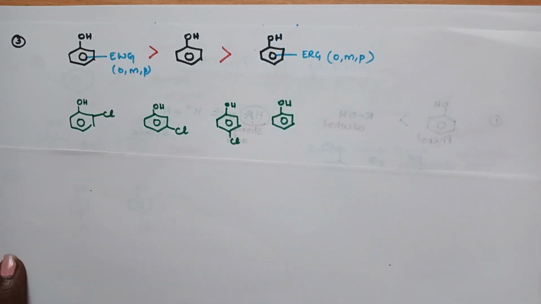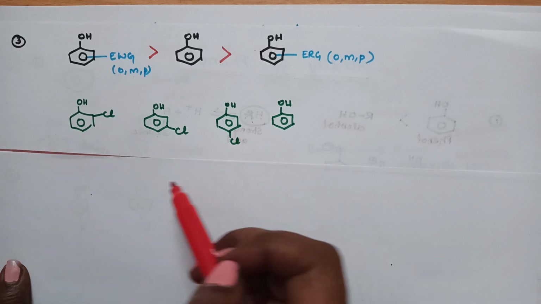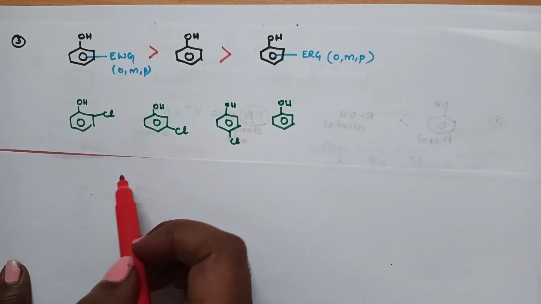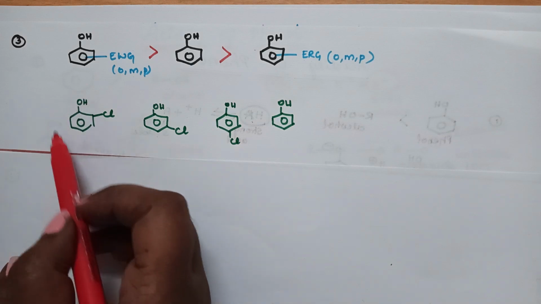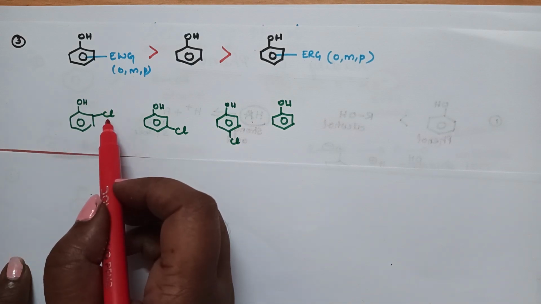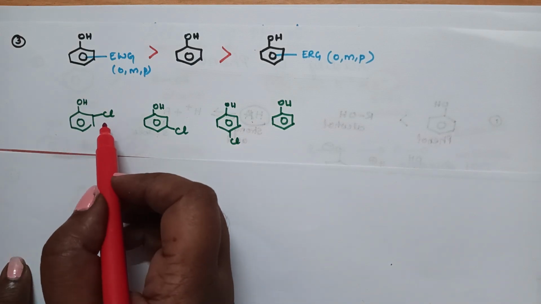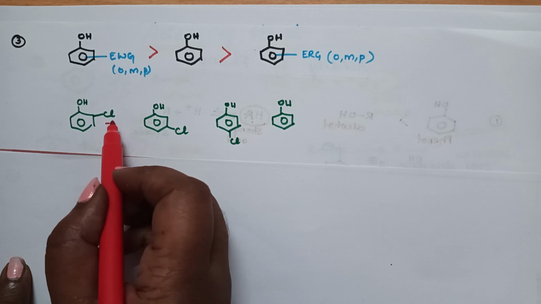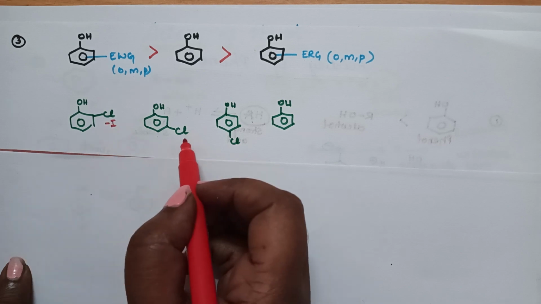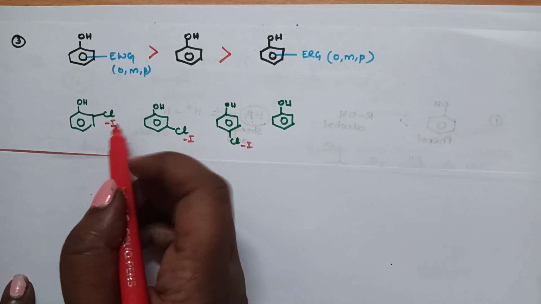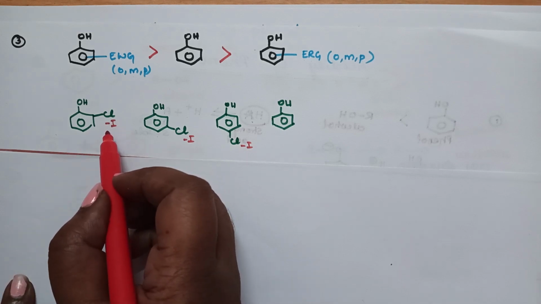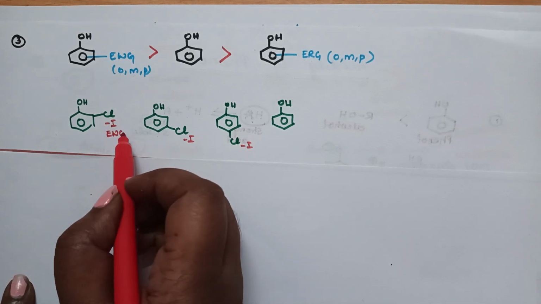So now let us use this in this example. So in this example let us find out which is more acidic in nature. So students, this is phenol to which Cl is attached. So Cl group will show minus I effect. So minus I is nothing but electron withdrawing group.